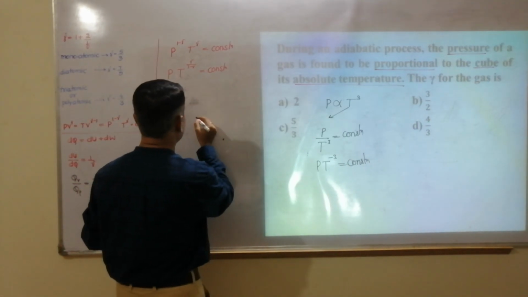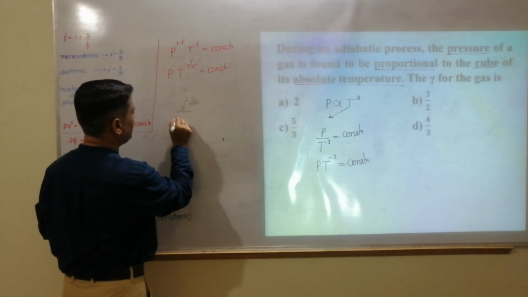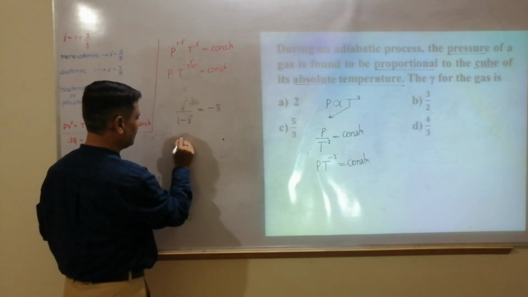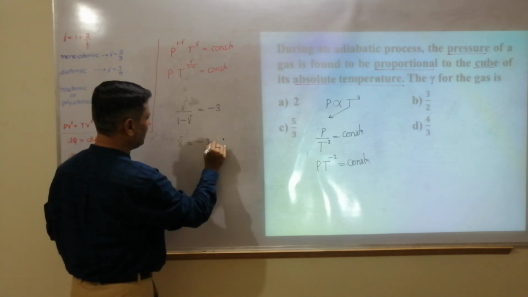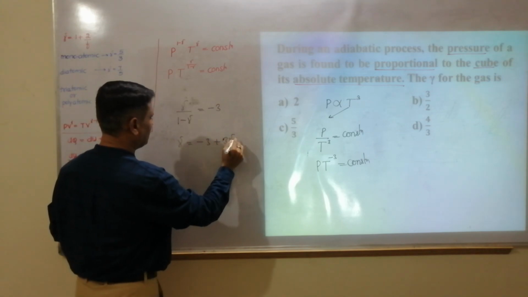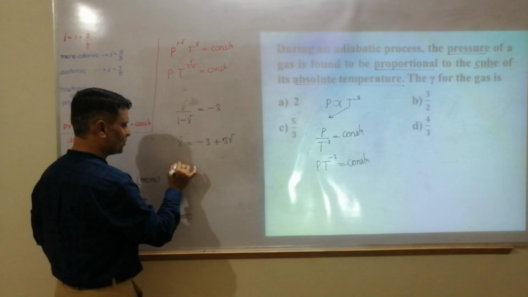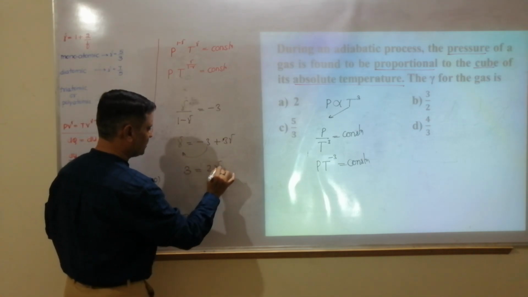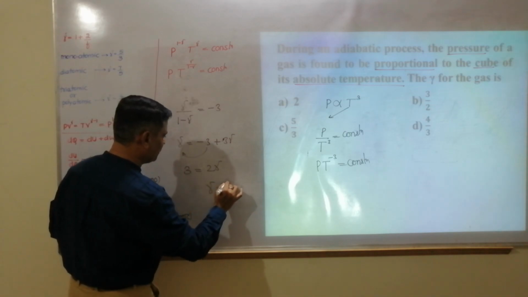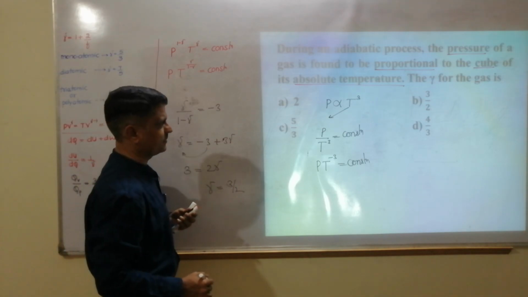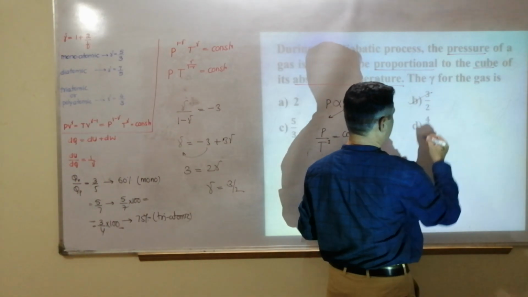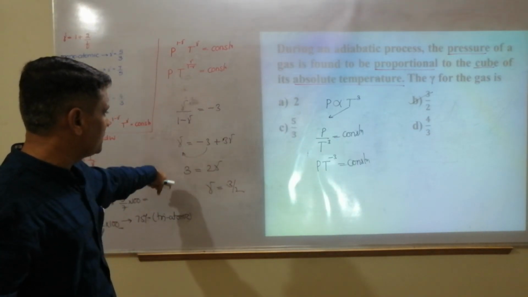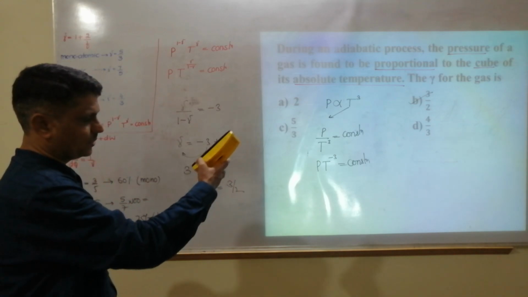Now you can write gamma by 1 minus gamma is equal to minus 3. Gamma is equal to minus 3 plus 3 gamma. I think it's the same. No, sorry. If I bring it inside, it will be plus 3, so 2 gamma. So gamma is equal to 3 by 2 is answer. Sorry, option is second. I think in previous way we made small mistake here. Okay, note down.